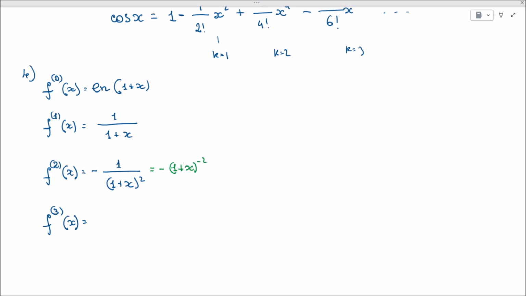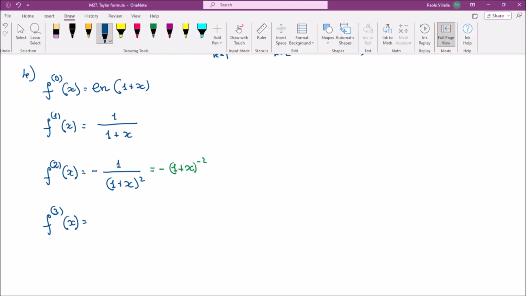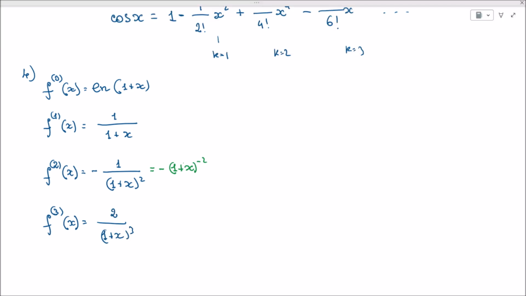So the third derivative is basically 2 times 1 plus x to the third, which can also be written as 2 times 1 plus x to the minus 3.